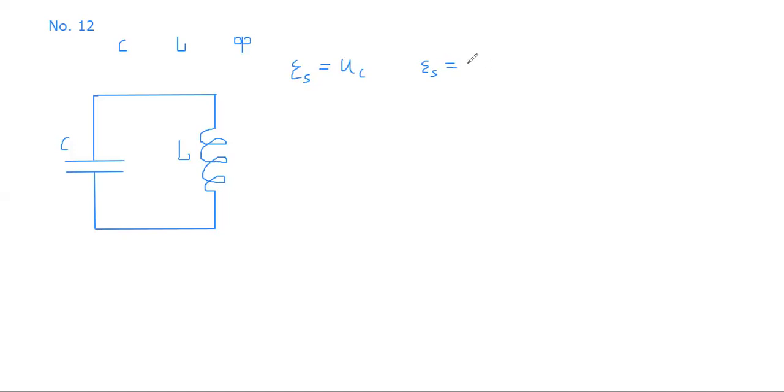But the formula is simple. It is Faraday's law of induction. According to Faraday's law of induction, this is equal to minus inductance multiplied by the first derivative of current.